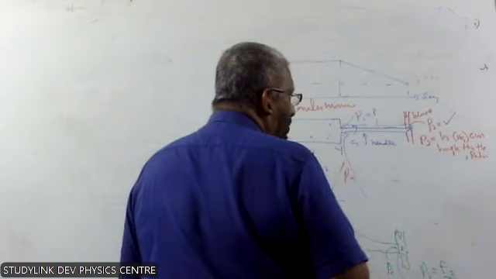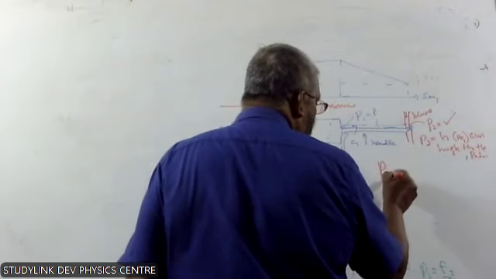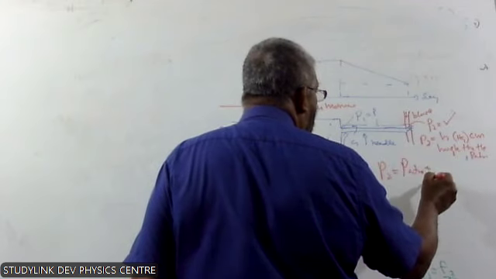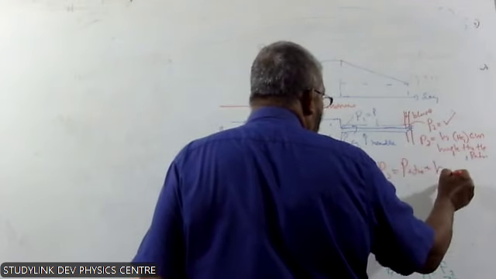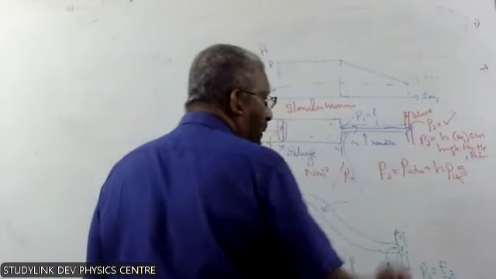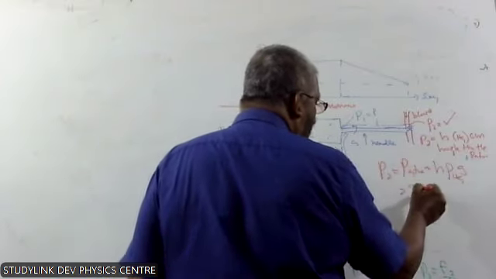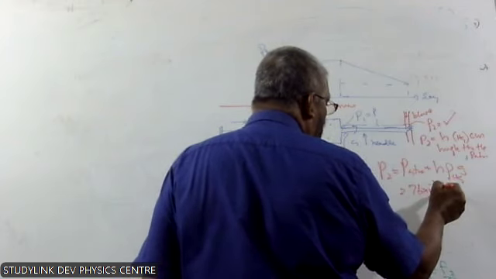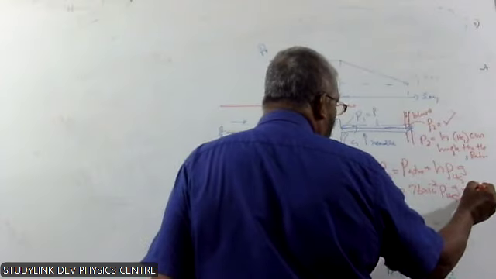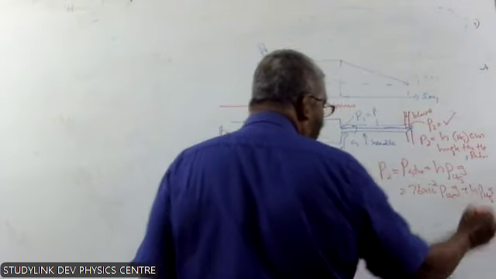Now it is inserted into the vein, then P2 is equal to PATM plus H rho Hg g. PATM is normally 76 into 10 to the power minus 2 rho Hg g, plus H rho Hg g.